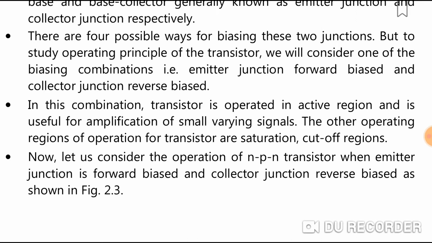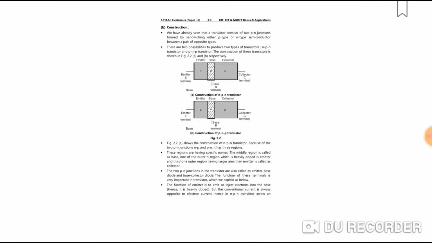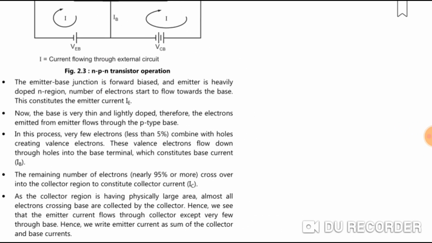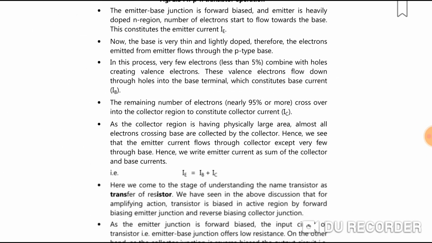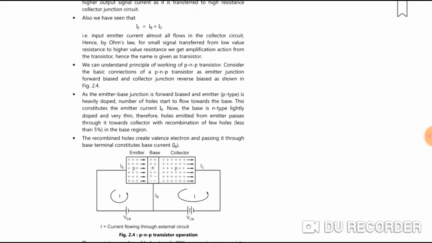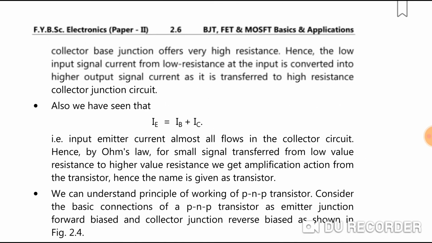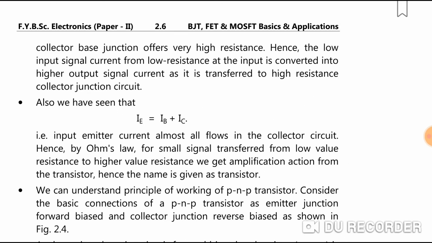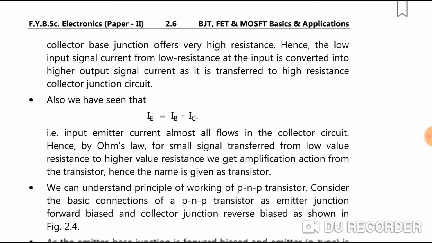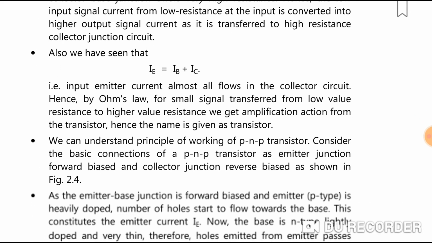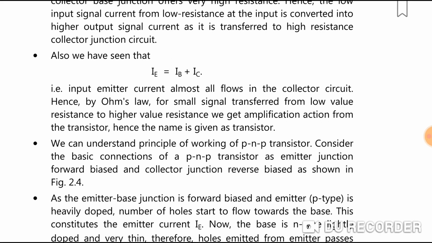Now let us consider the operation of an NPN transistor when the emitter junction is forward biased and the collector junction is reverse biased. So you just see, the collector-base junction offers very high resistance. Hence, the low input current from the low resistance at the input is converted into a higher output signal current as it is transferred to the high resistance collector junction circuit.